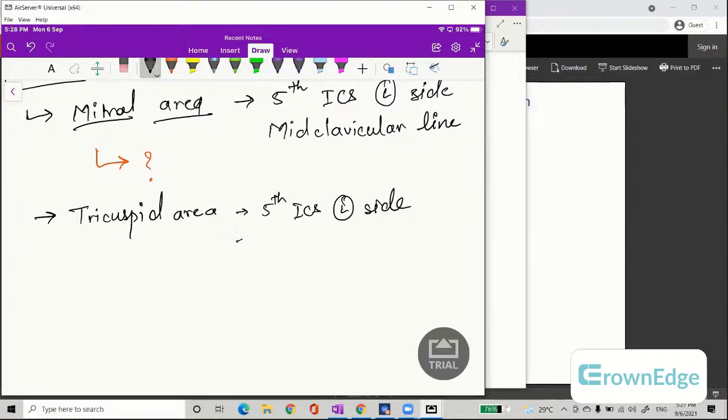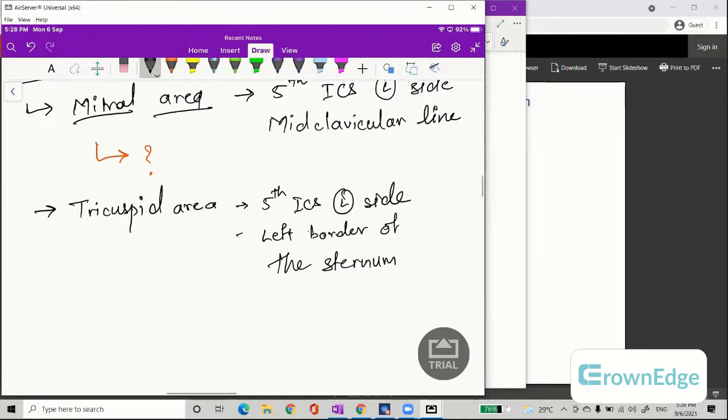In the left border of the sternum. Left border of the sternum.